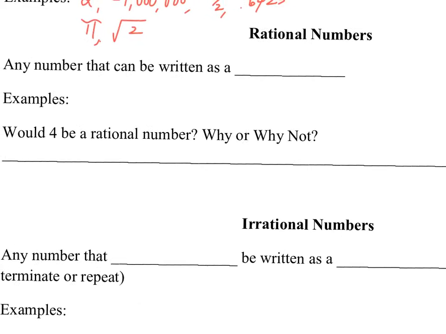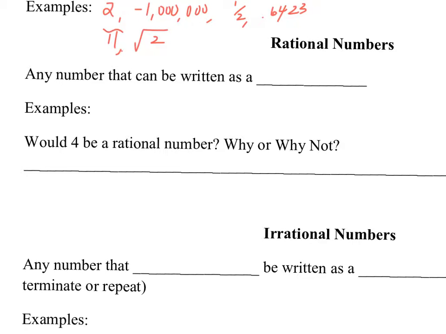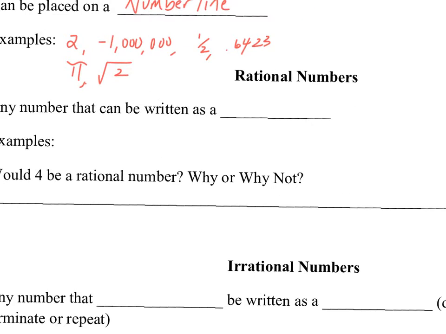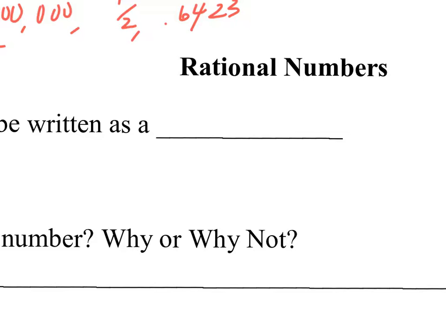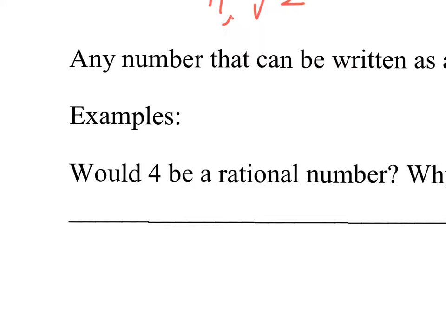Okay, so let's talk about that. If you're rational, that means you can be written as a fraction. A fraction. So examples of that, right? Well, easy one. 7/8, that is a fraction. 2/3, that is a fraction.